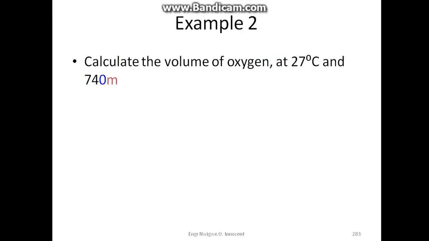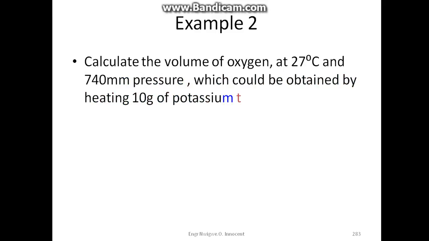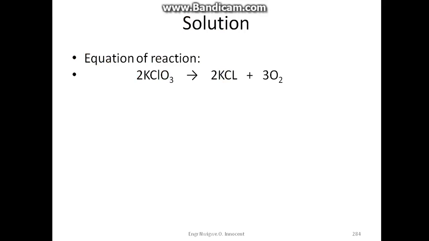Example 2. Calculate the volume of oxygen at 27 degrees centigrade and 740 mm of pressure, which could be obtained by heating 10 grams of potassium tetraoxochlorate(V). Solution. Equation of the reaction. Heating potassium tetraoxochlorate(V) will give potassium chloride and oxygen.